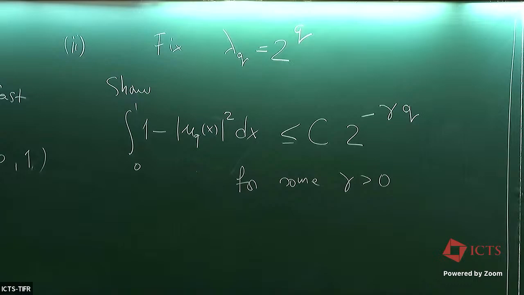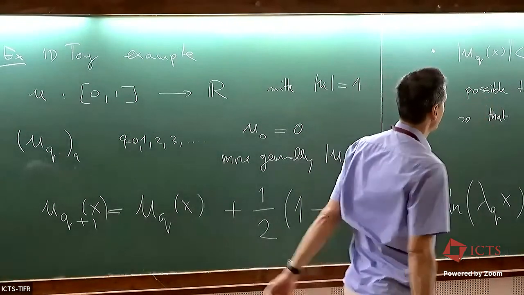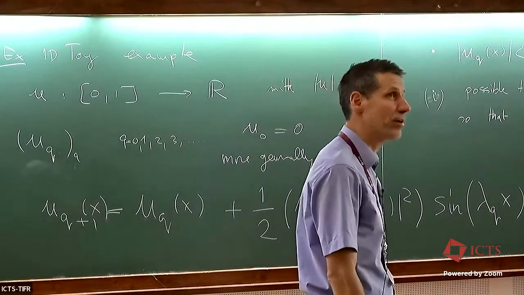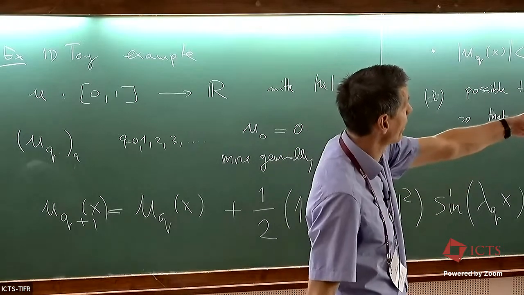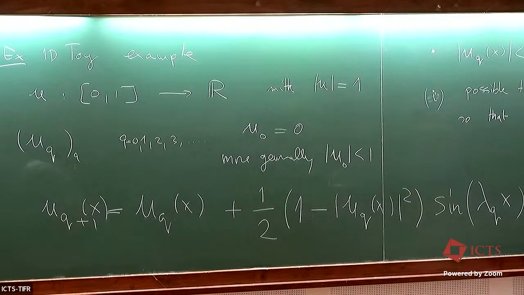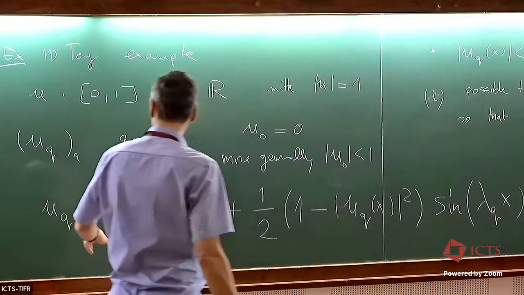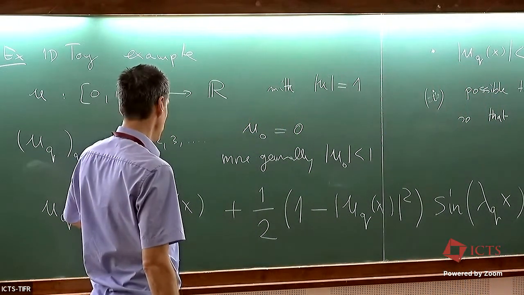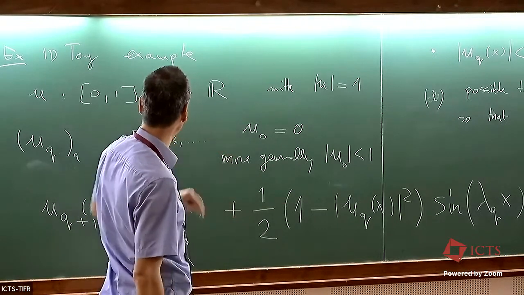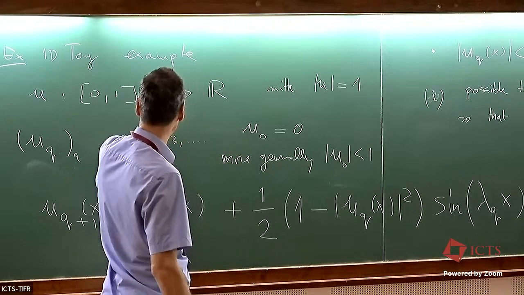Yes, for part 1, you could say that you have this sequence lambda_q depending on u_0, if you want. That makes things simpler. But as you see in the second part, in the iteration scheme there is no dependence on the function u_0. u_0 is the first one.